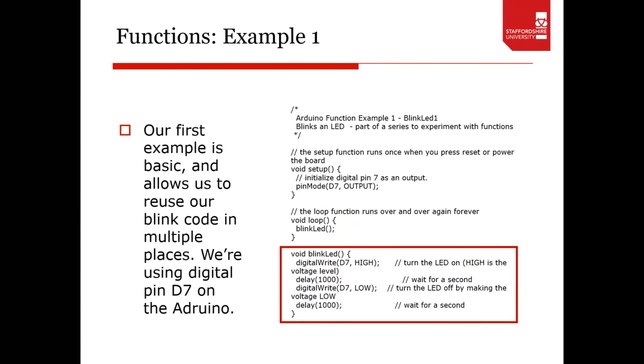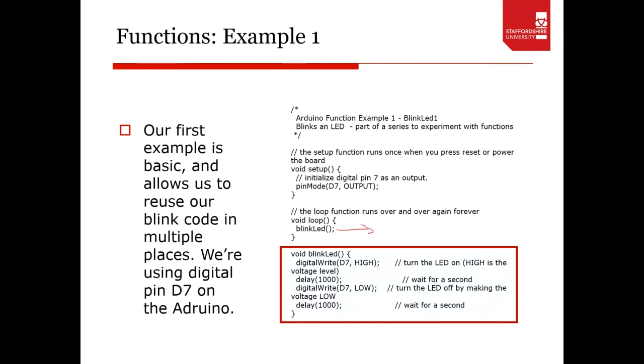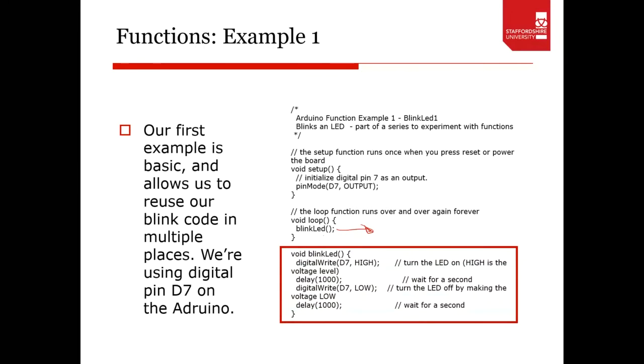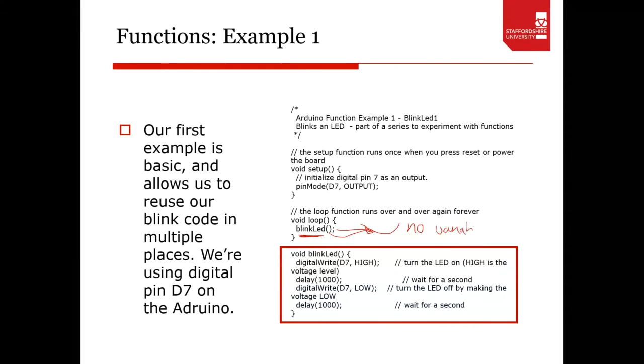So the first example of a function is very, very basic and allows us to reuse blink code. So for example, we've got pin 7 as an output pin, pinMode D7 is output, void loop, blinkLED. So blinkLED, there's no variables passed and nothing comes back.